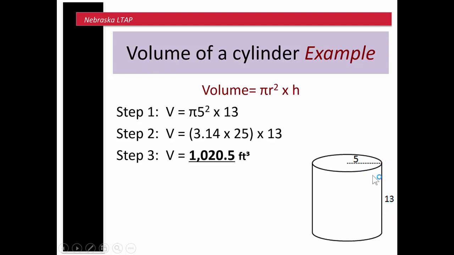And we say it's 13 whatever feet, inches, whatever the units are. It's 13 feet tall. So to calculate the area of this, it's pi r squared. So we've got pi, r here is 5 squared, and then multiply that times 13. We calculate that out, we get 1,020.5 cubic feet.